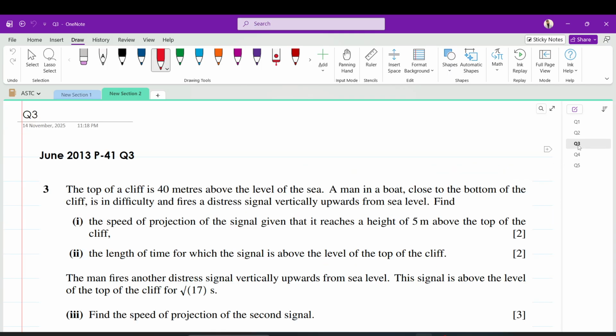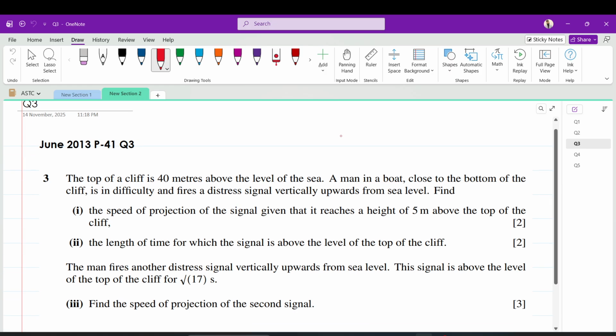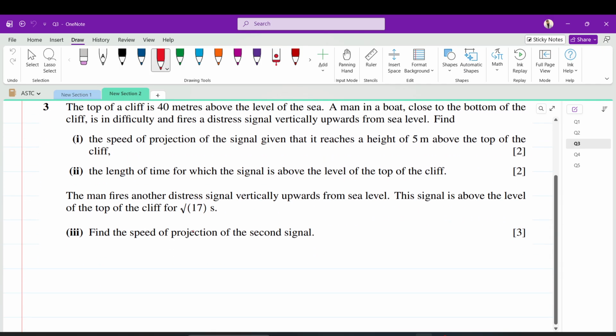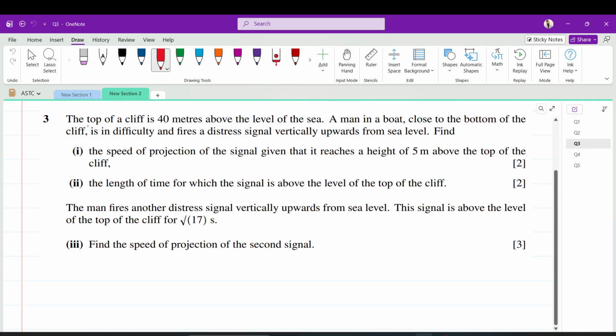So now let's move to question number 3. Now, those two questions were exam style questions. This is a past paper question which has been taken from June 2013, paper 41, question number 3. All right, so let's get started. The top of a cliff is 40 meters above the level of the sea.